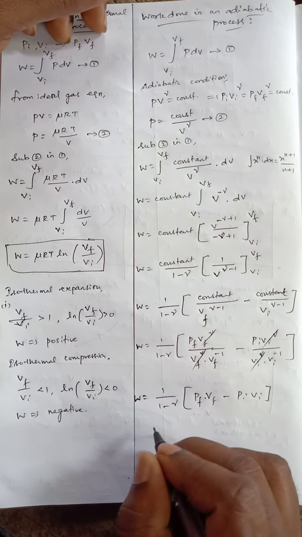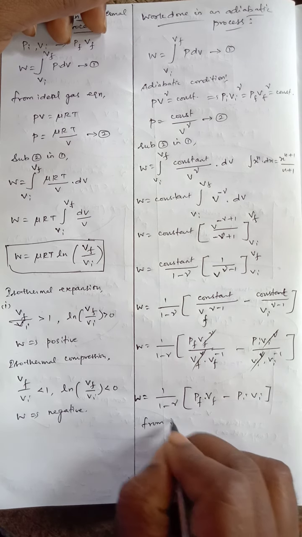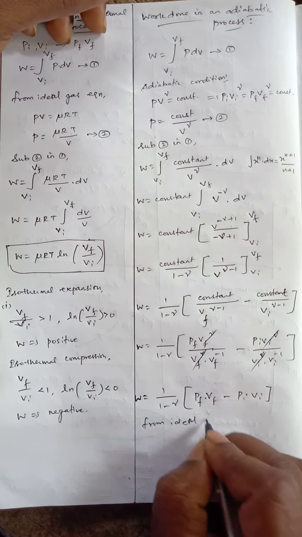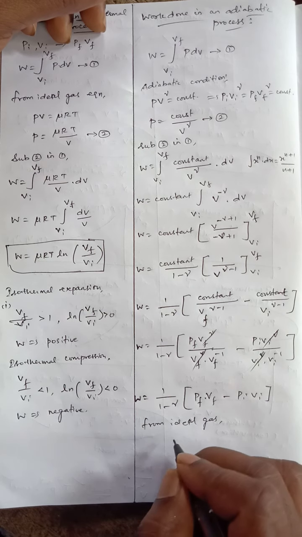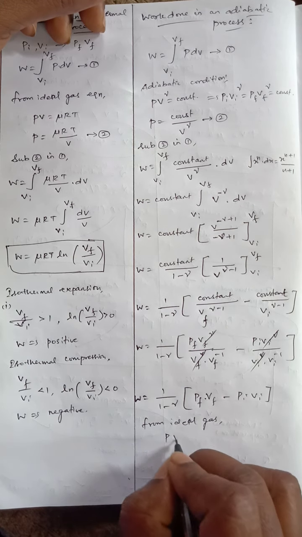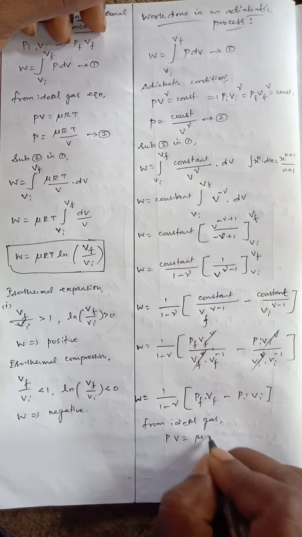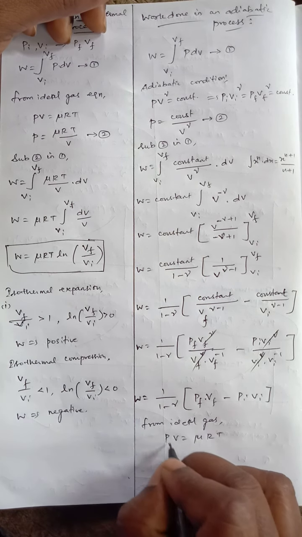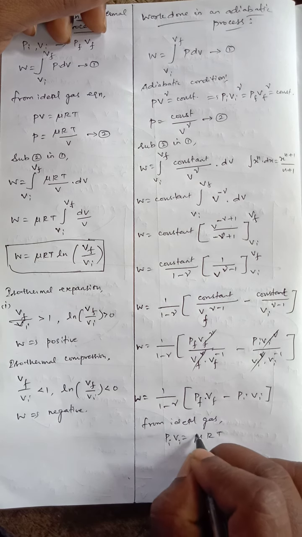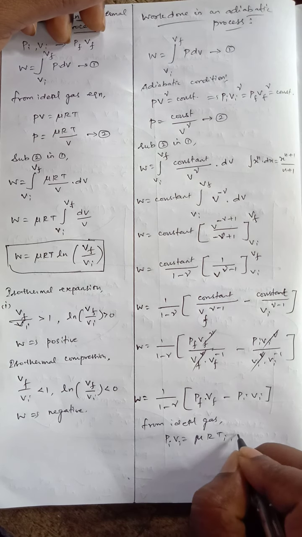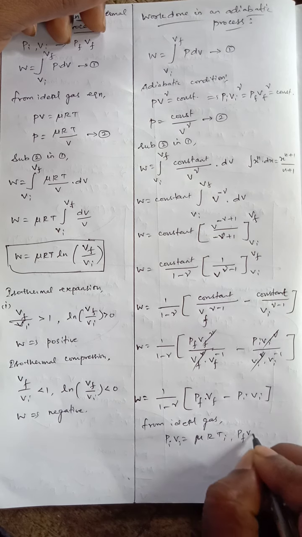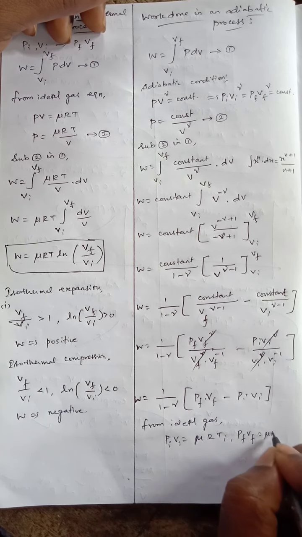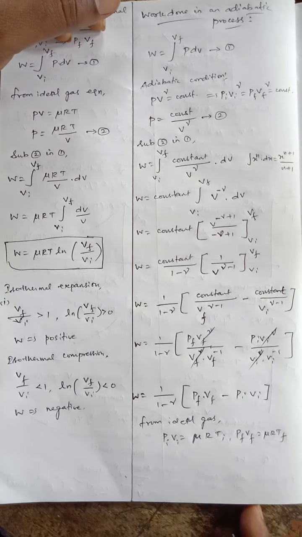From the ideal gas, we know the formula PV is equal to mu RT. For initial, Pi Vi equals mu R constant only Ti. Same, Pf Vf is equal to mu R Tf.